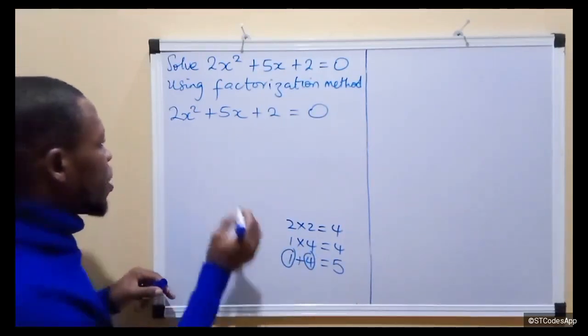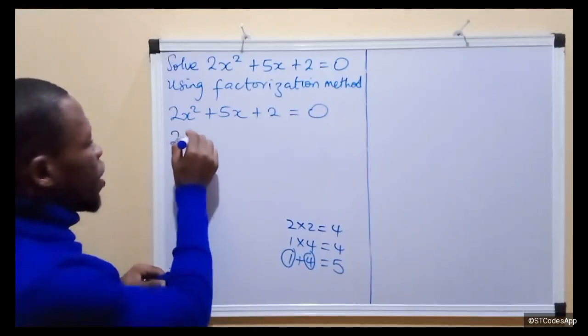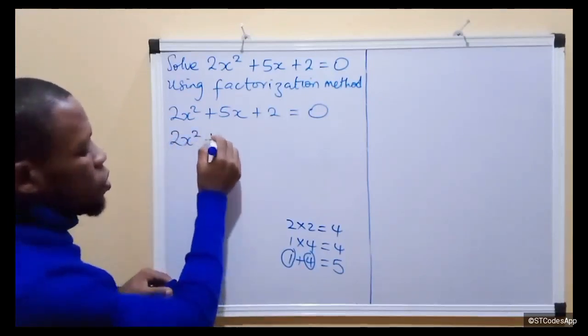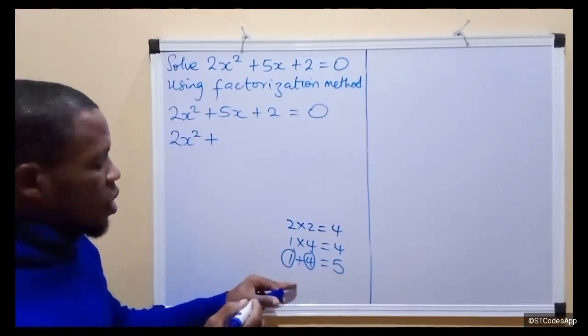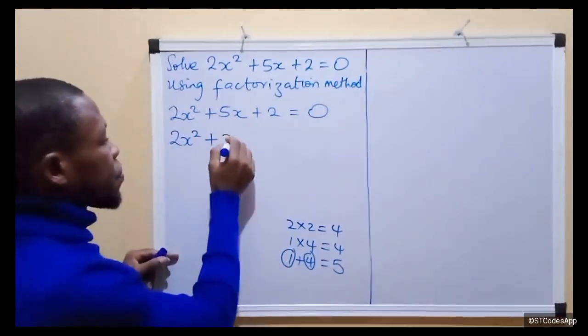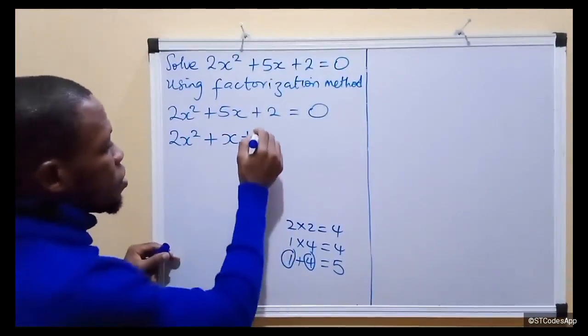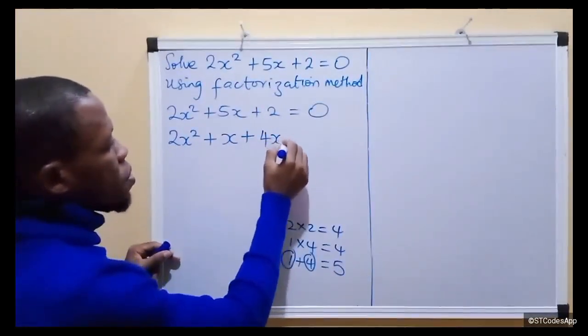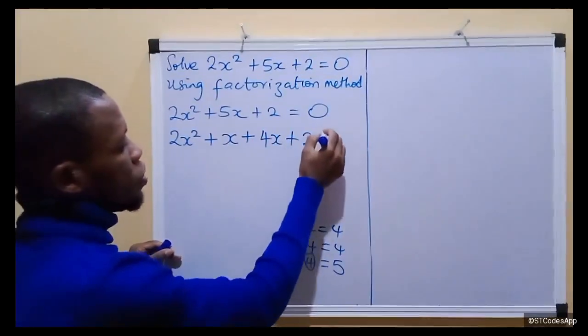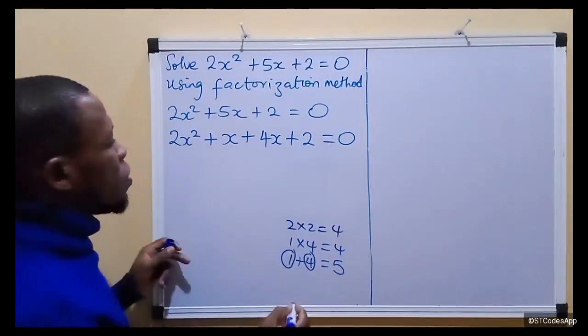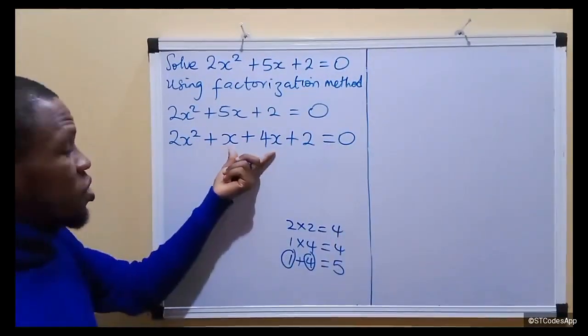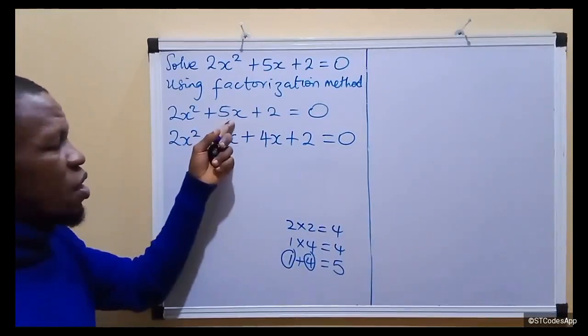So let's do that. We're going to have 2x squared plus 1x, that's x, plus 4x plus 2 is equal to 0. Remember, the two terms we just introduced replaced the middle term here.